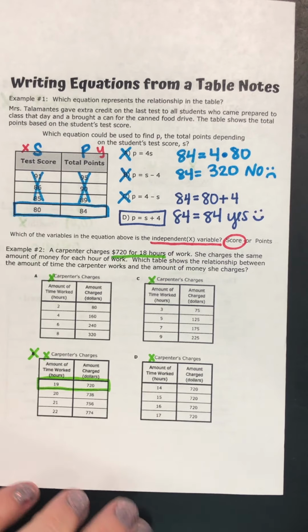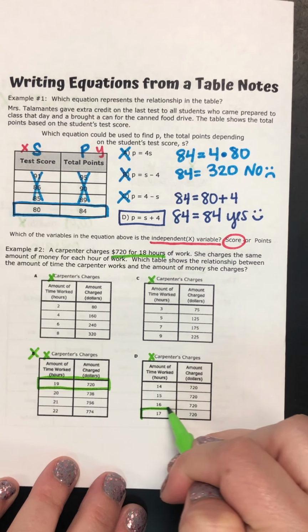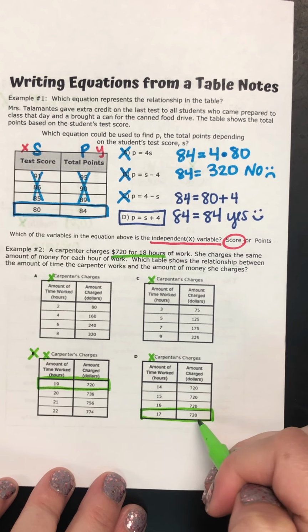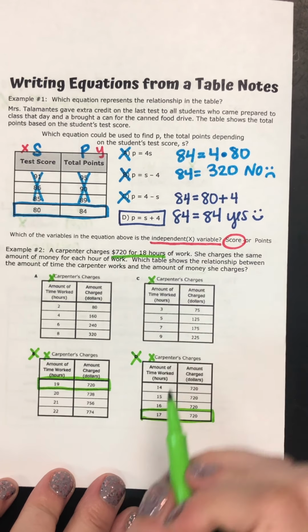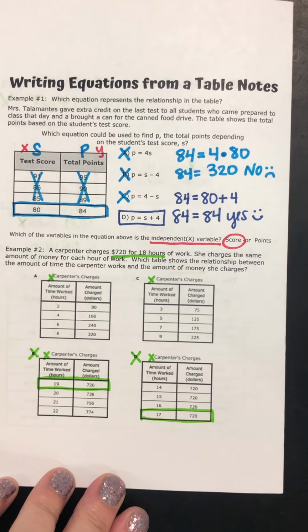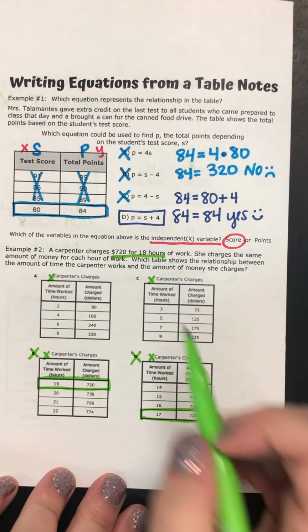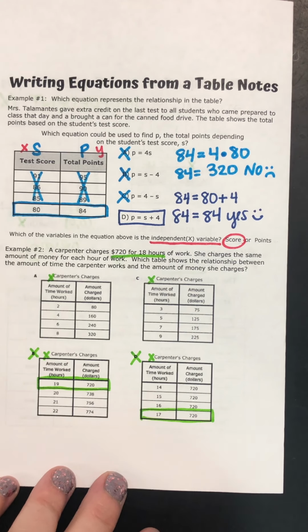Then we keep looking and we can see, oh, this one right here has 720 listed every single time, and none of them are 18. So this one is also going to be a wrong answer simply because none of these 720s is matched with the 18 from the question. So now we have between A and C.